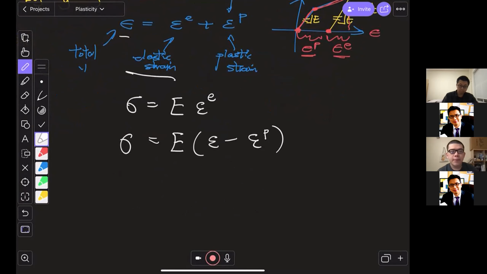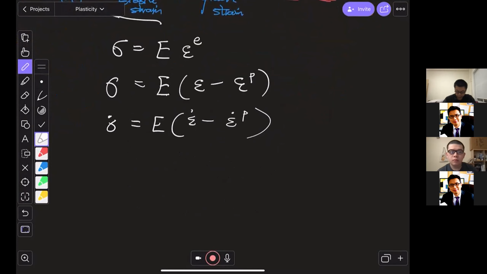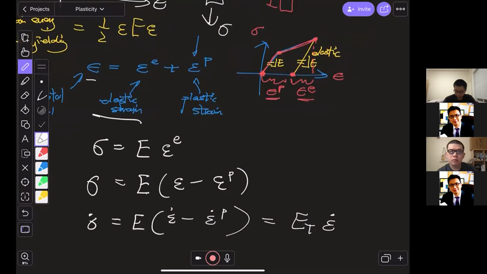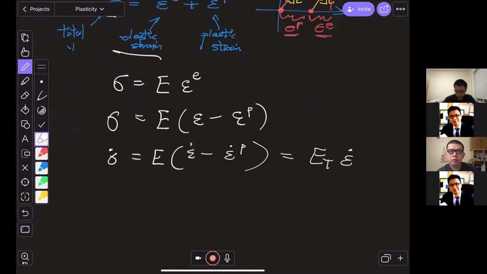Now I'm going to take a time derivative of this whole thing, assuming that E is not sensitive to time. Then I will have sigma dot equals E times epsilon dot minus epsilon dot p. And that would equal ET times epsilon dot. ET is the tangential stiffness.